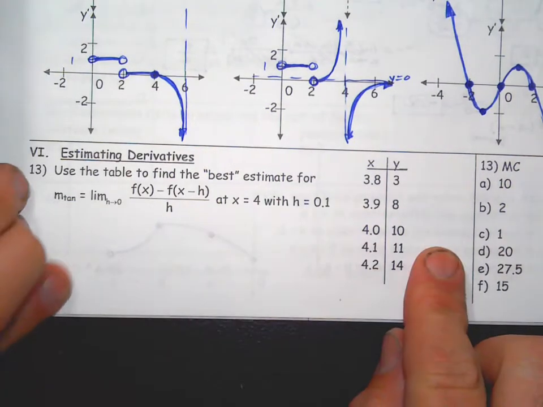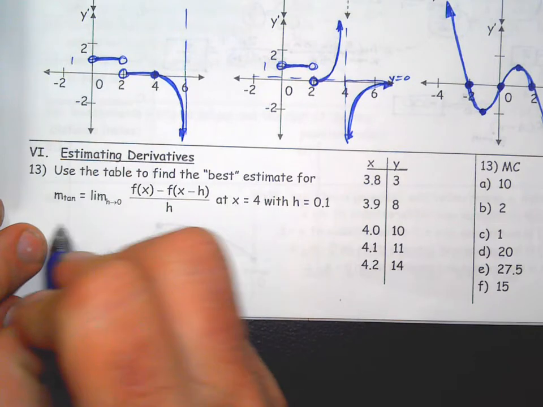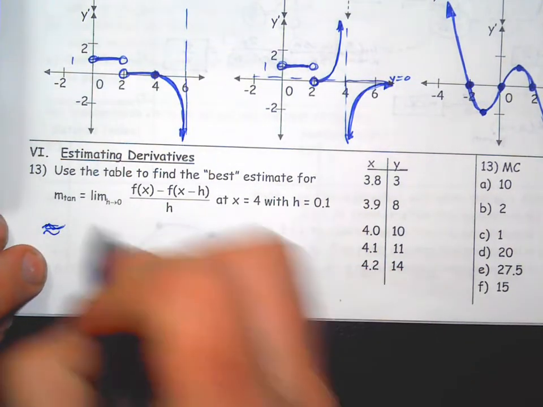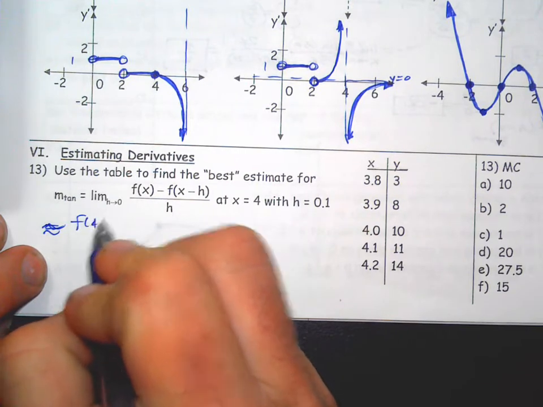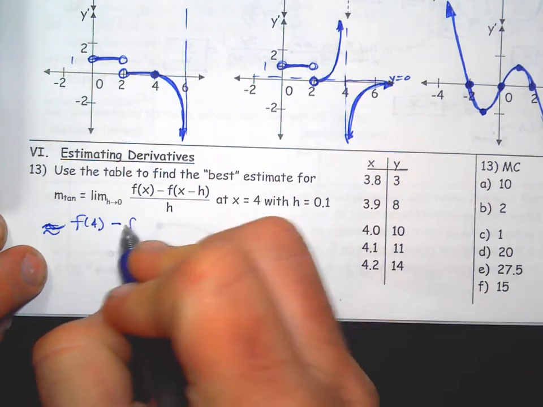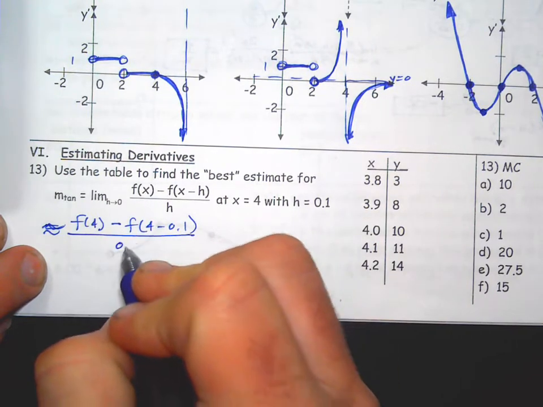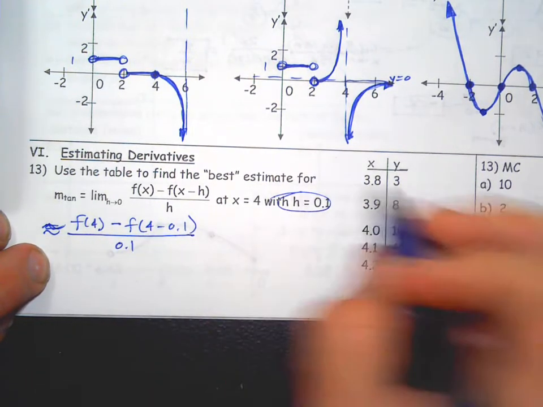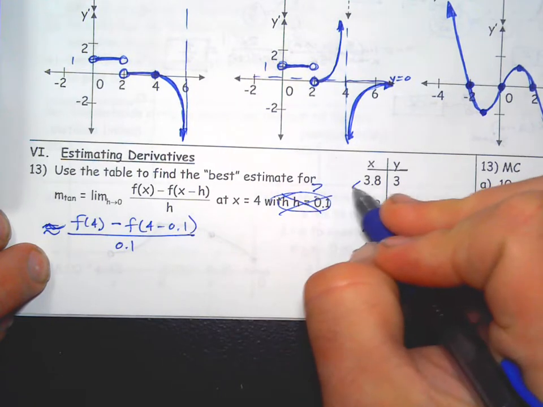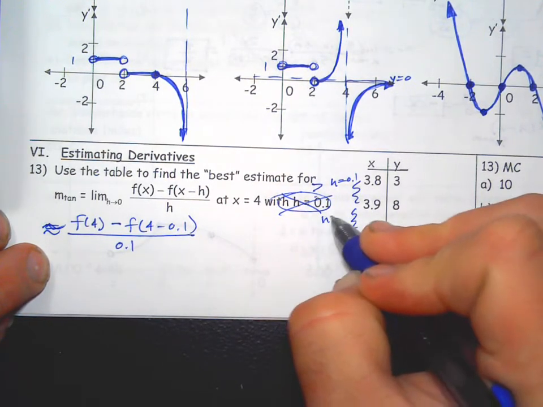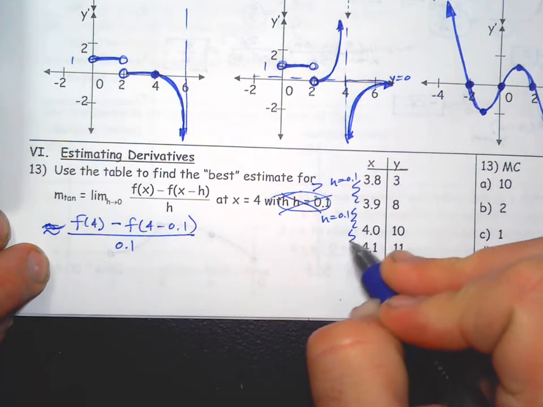Okay, we're going to use these table values to estimate it. We're going to get rid of the limit, and we're going to plug 4 in: f of 4 minus f of 4 minus 0.1, over 0.1. Now, even if they don't give you h, it should be the distance between each of these points.